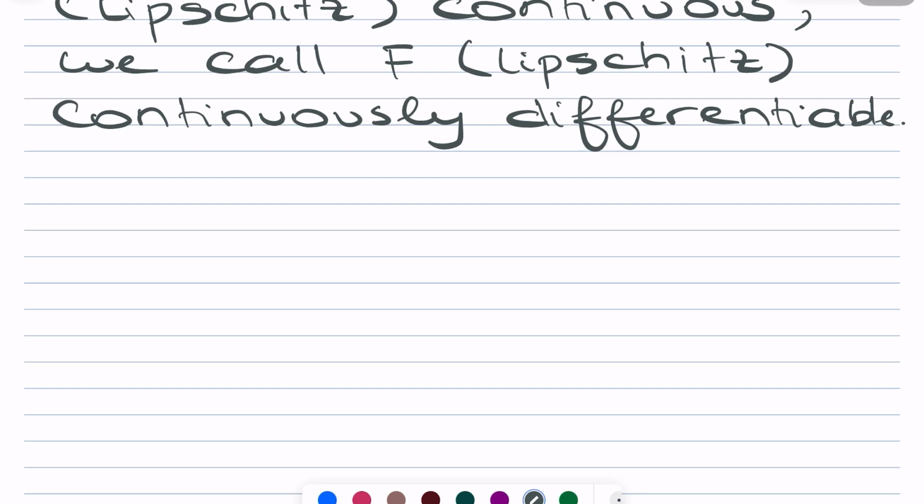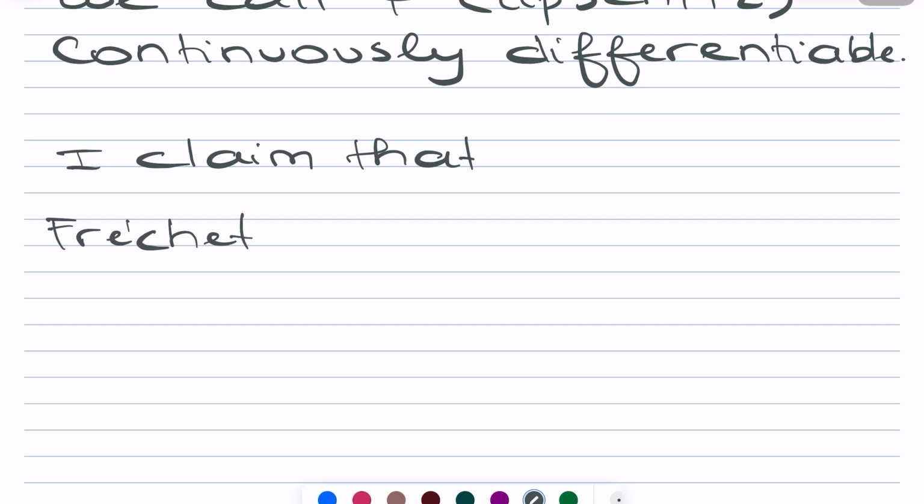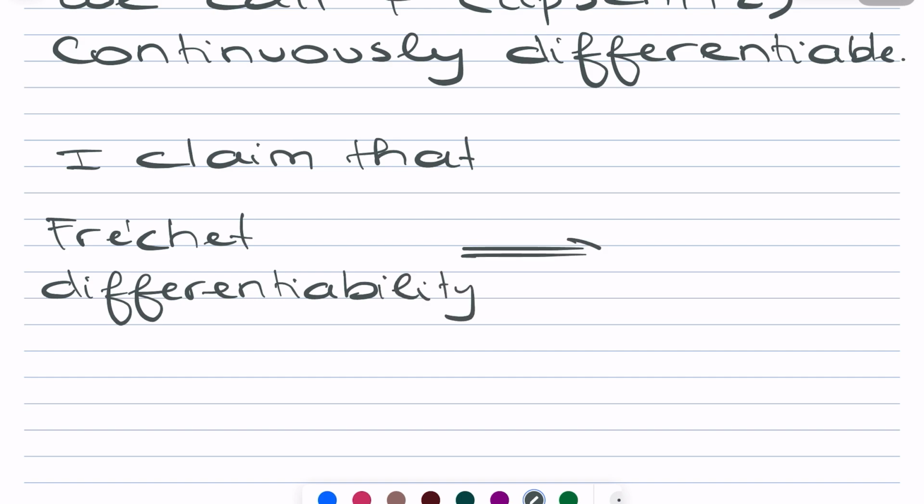Now I claim that Fréchet differentiability implies Gâteaux differentiability.